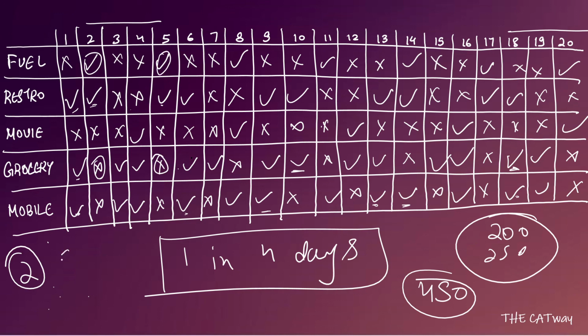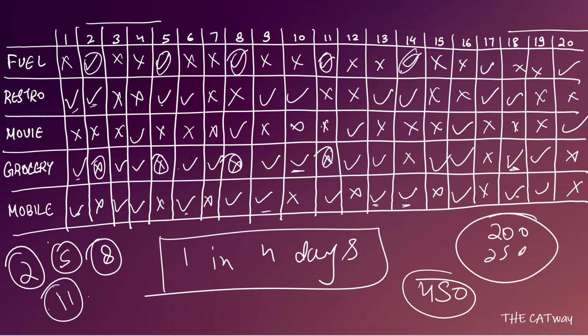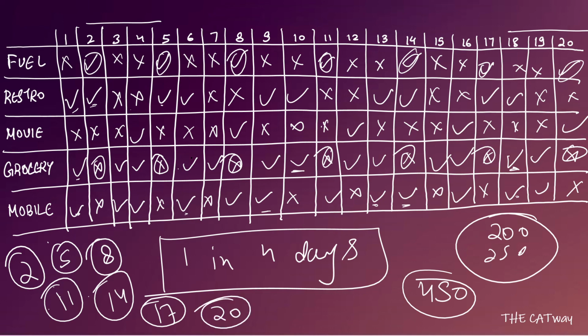Okay, that's day 5. One more day. Similarly, on day 8 he did not spend on groceries, so 8 also we will count. On 11 he did not spend here, so day 11 also we will count. 14 you can see. Okay, then you can also see 17, and after that it is going to be day 20. Okay, so these are the days on which he spent on fuel but did not spend on groceries.